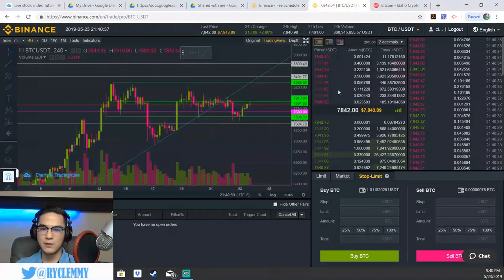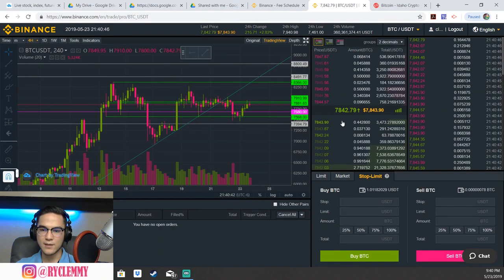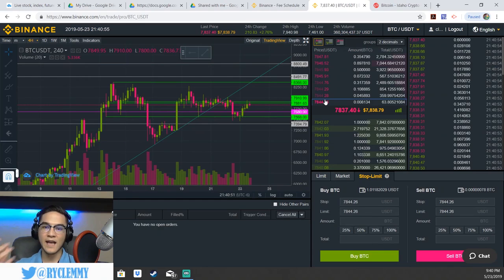A taker fee would be when you buy, when you take something, you're taking volume off of the order book. So let's say someone's trying to sell their Bitcoin for this amount. If you click on this order and buy it, you're going to be a taker because you are taking volume off of the order book.